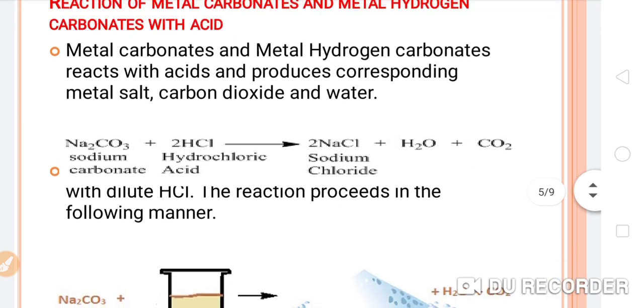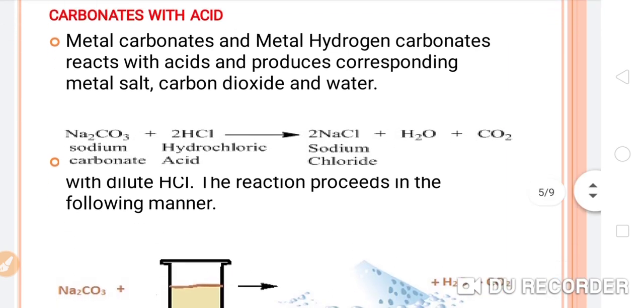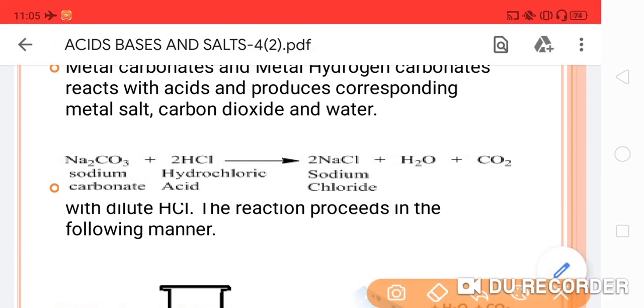So here you can see carbon dioxide gas is evolving. Okay, and how can we identify that carbon dioxide gas is evolving? So we have to conduct an activity by which you can confirm that carbon dioxide gas is evolving during the chemical reaction.